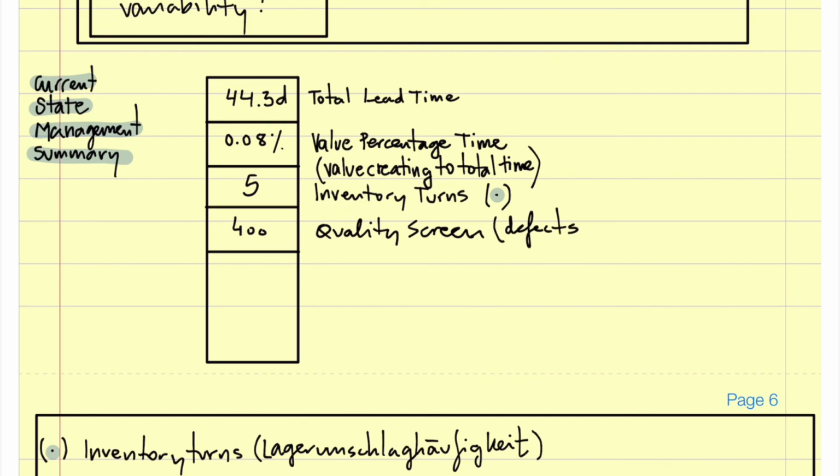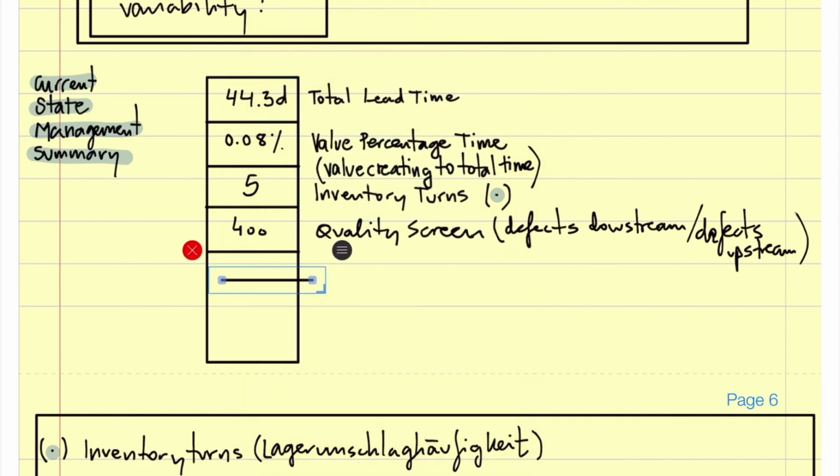Defects downstream divided by the defects upstream. So the delivery screen is also again 8. Okay, this comes from 10,000 divided by 5.